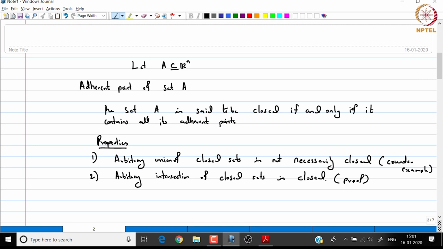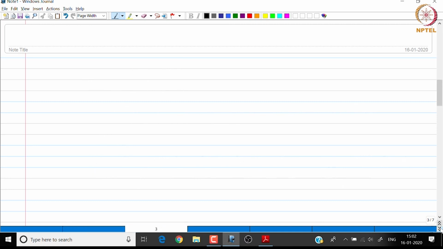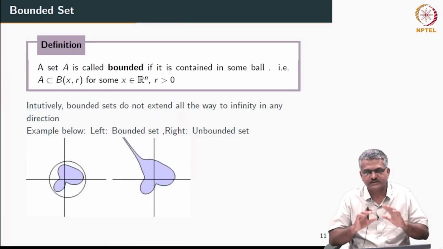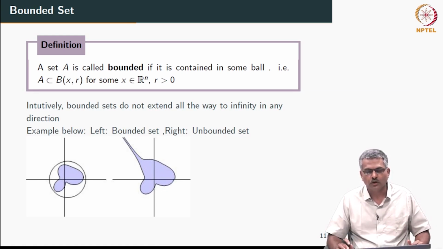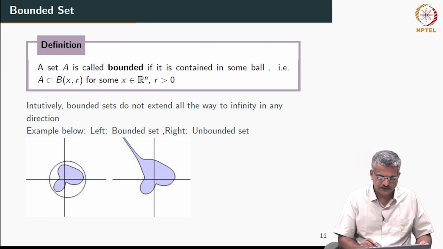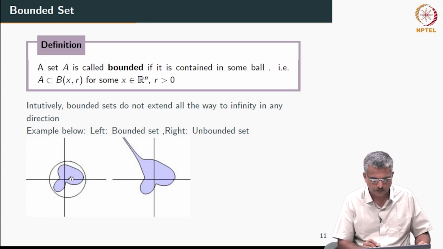So, now once we have defined the notion of open set and closed set, we require what is known as bounded set. So, a set A is called bounded if it is contained in some ball with some radius and with some center x. Here I have two examples.